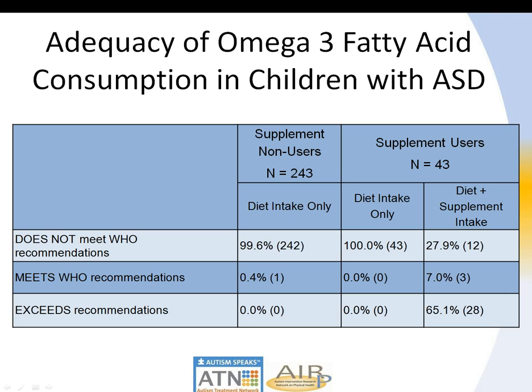So we don't know whether that was intentional, whether families were trying to replicate the studies in the literature, or whether the supplements were packaged for adults and not young children, so that they inadvertently got too high a dose. But you see that only one child met their intake from food alone.